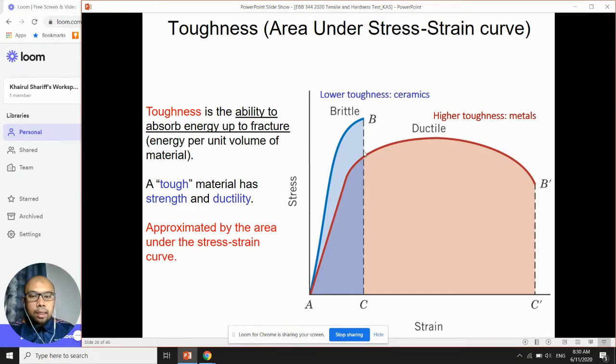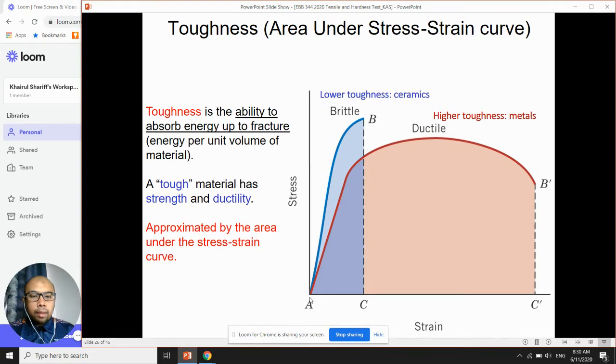You can see the toughness property of material B and B slash. Toughness refers to the area under the curve. Material B, the blue line, reached until here and then suddenly failed.